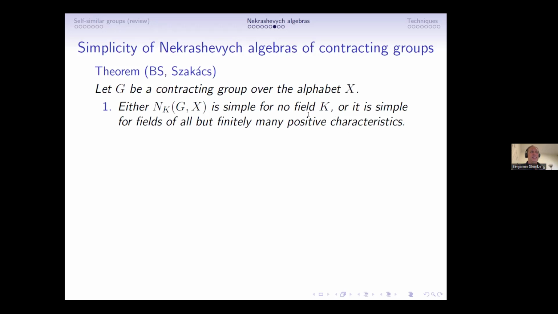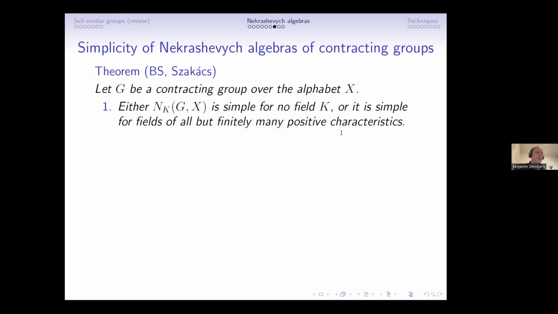So as soon as it's simple over any field of positive characteristic, it's going to be simple over the complex numbers or any field of characteristic 0. The simplicity of ample groupoid algebras depends only on the characteristic, not the field. It's just a characteristic issue.